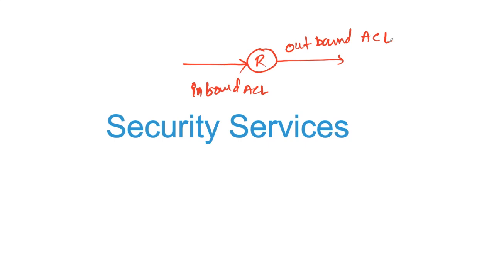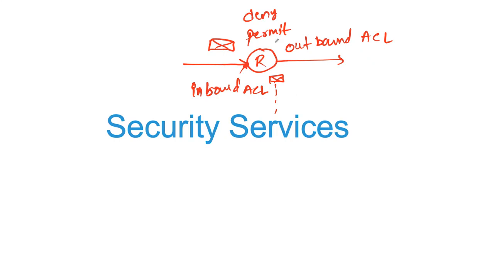The inbound ACL filters packets before they are routed to the outbound interface. If the packet is permitted, then a packet that comes from the input side will be permitted to the output line. If it is denied, that packet will be dropped at the inbound port itself.